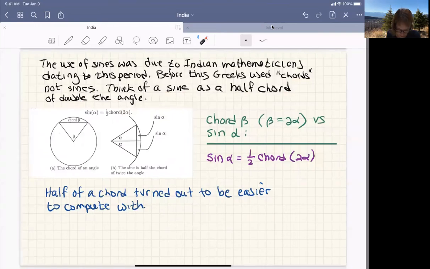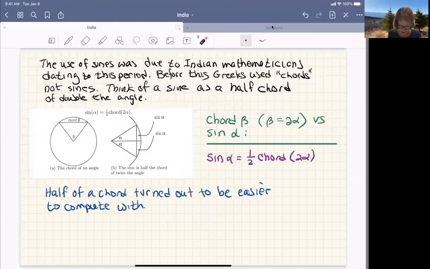So basically you have an angle, any angle in a circle. So this is the center of the circle. And then the chord is just a line segment whose endpoints both meet the circle. And then the corresponding angle is, draw the angle through the center of the circle.